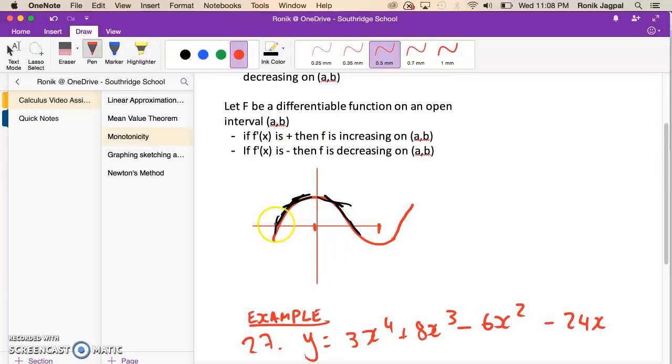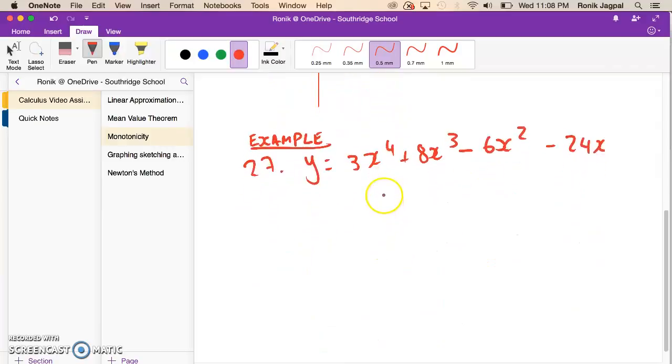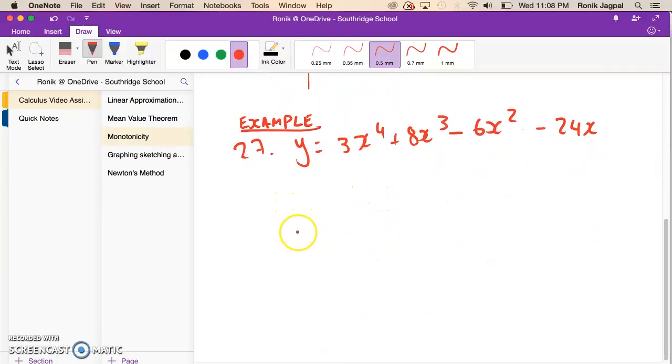And we can use this to find the shape of our function. We can also use it to find if our critical points, so these lines right here, are minimums or maximums. So below, here's an example. I'm going to use number 27 from the book, and it essentially is y is equal to 3x to the power 4 plus 8x to the power 3 minus 6x squared minus 24x.